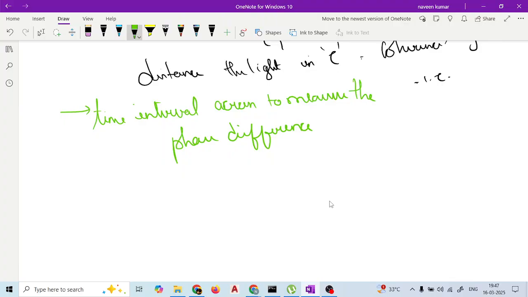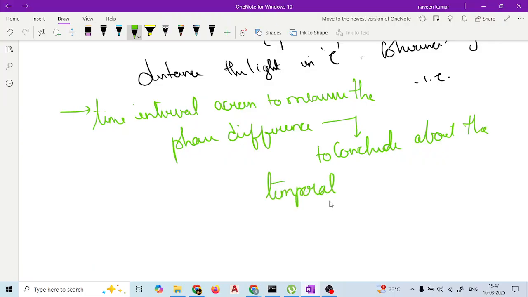Phase differences, and finally to conclude about the temporal coherence.